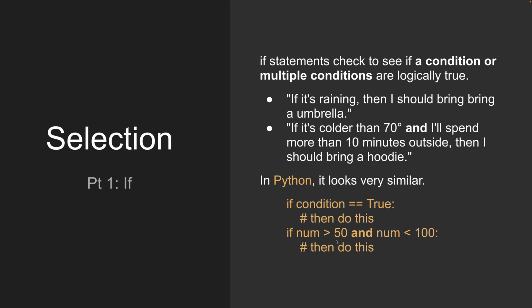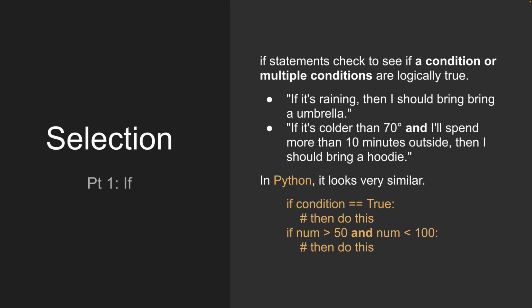And then in the case of multiple conditions with an and, again, this is in Python, both conditions have to be true. So if it's raining, should I bring an umbrella? If it's raining, true or false, I'll bring the umbrella. If it's not true, next.